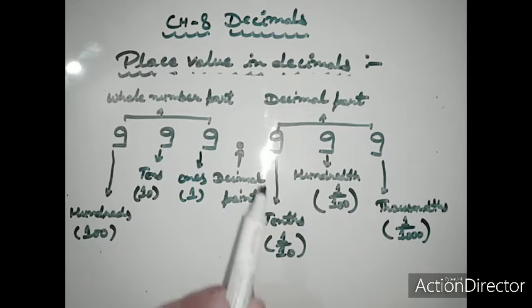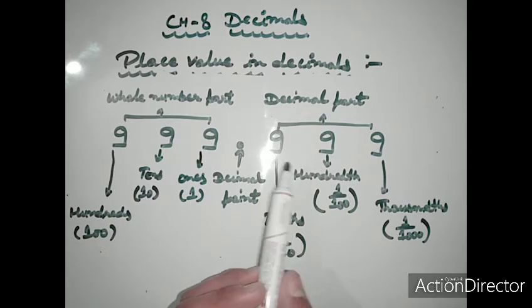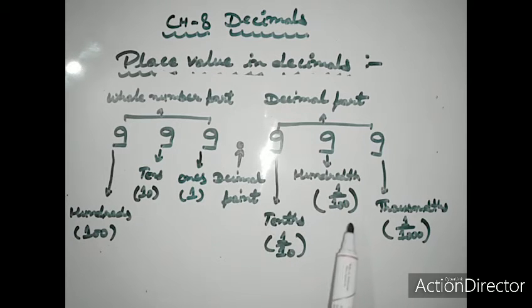So before the decimal is the whole part, and we read its places as ones, tens, hundreds, thousands, right? And after the decimal we write the decimal part like tenths, hundredths, thousandths.